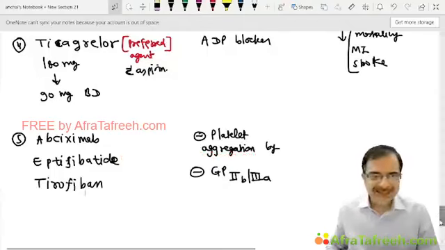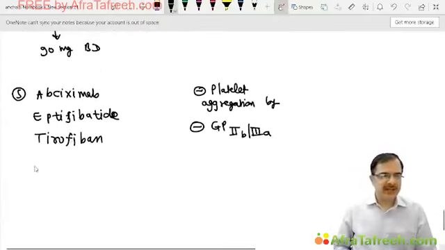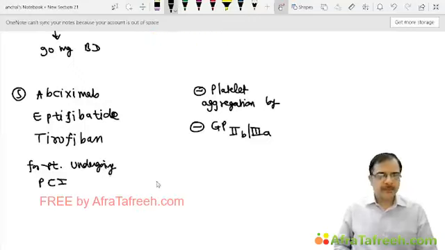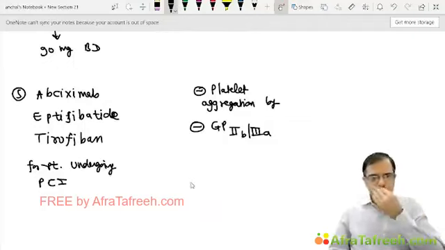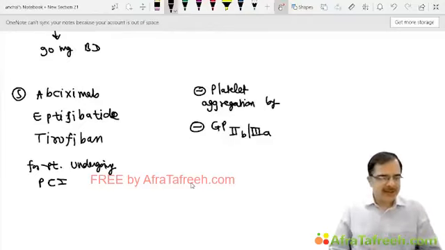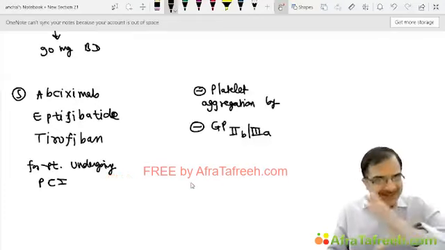What is the role of these agents? These agents are given for patients undergoing the PCI procedure, because during PCI there is a chance of thrombus rupture, so we give this additional agent which prevents platelet aggregation.